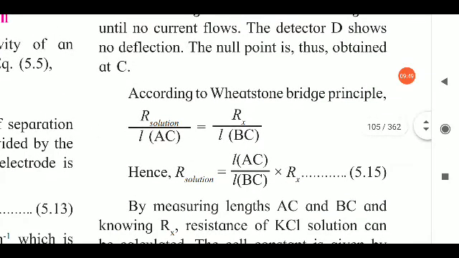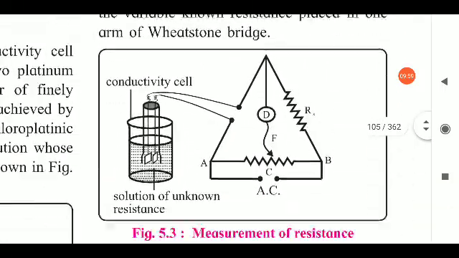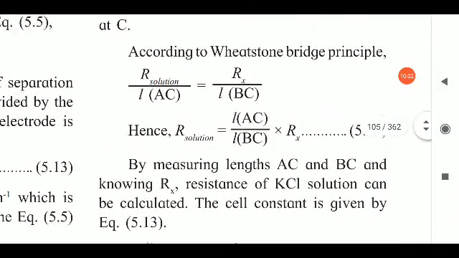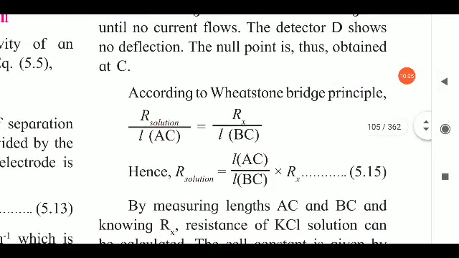The first compartment has R solution, the solution for which we are going to determine the resistance, divided by the length of AC, and in the other compartment, Rx, the unknown resistance which we have picked, divided by the length of BC.